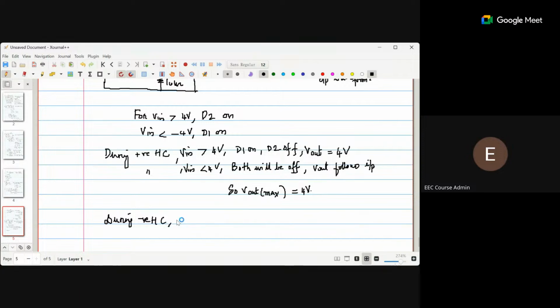Then come to the negative half cycle. During the negative half cycle, for V in between minus 4 and 0, again both will be off and output follows input.